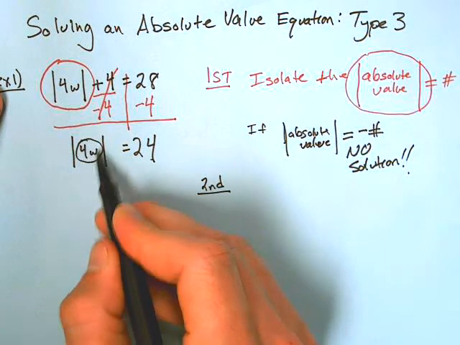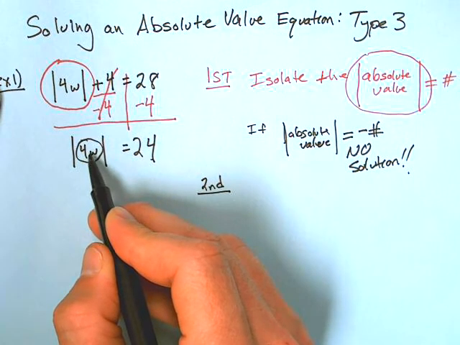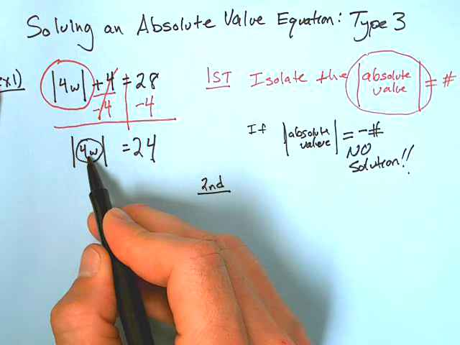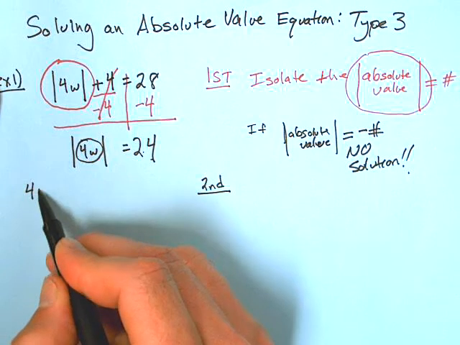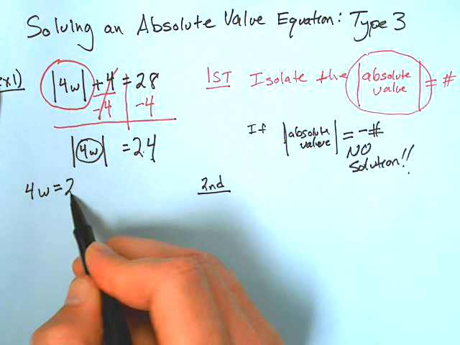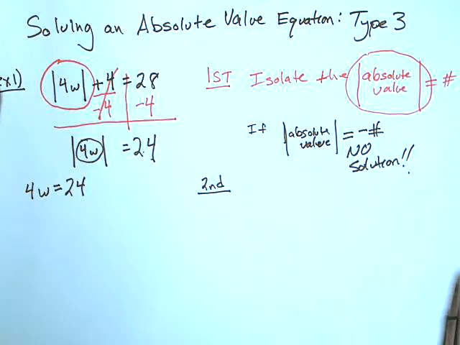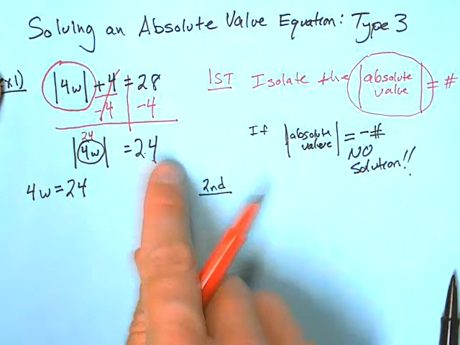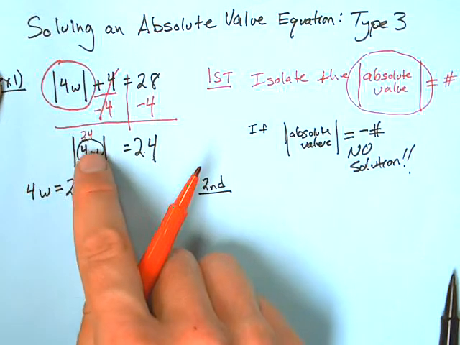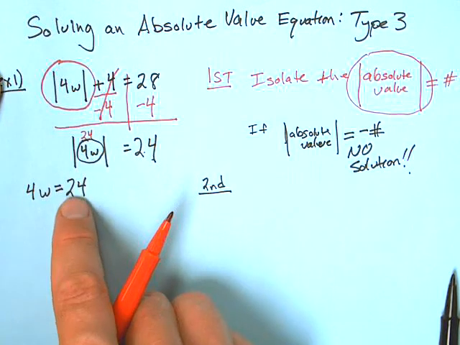If this number inside the absolute value were 24, that would be a true equation because absolute value of 24 equals 24. So I could write 4w should be equal to 24, right? If this were to be the number 24, we'd be in great shape because its absolute value is 24. So I'm just setting 4w equal to what I want it to be, which is 24, all right?